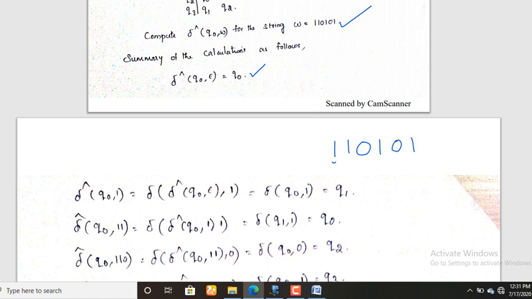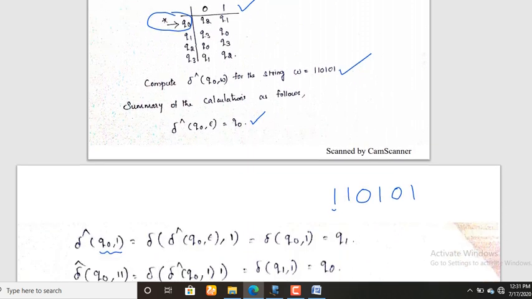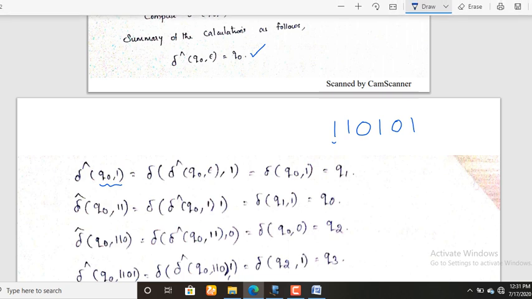Okay, starting with the first one, delta cap of q naught comma 1. Seeing the previous equation, you can divide this part as delta of delta cap of q naught comma epsilon, the null string, comma 1. This is actually the p part.